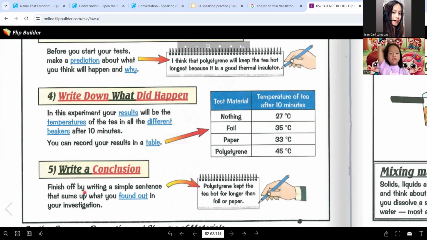Please finish off by writing a simple sentence that sums up what you found in your investigation.